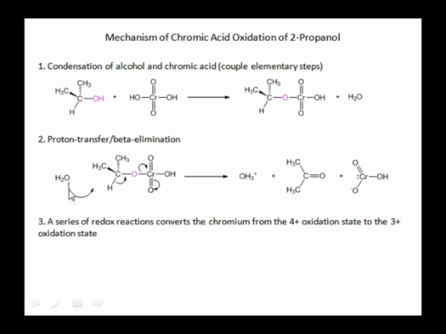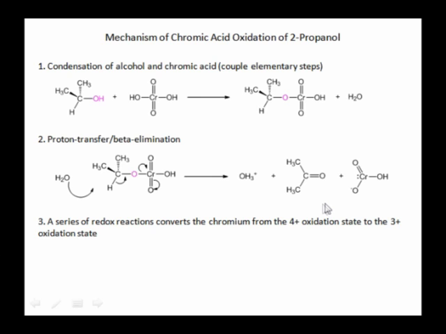A weak base such as water can grab a proton off of our alcohol, and those electrons from the proton abstraction will push into the sigma star of the oxygen-chromium bond, forming a new pi bond between carbon and oxygen and pushing out the electrons from the oxygen-chromium bond onto chromium. That gives us this reduced chromium species and the oxidized carbonyl on our organic molecule.